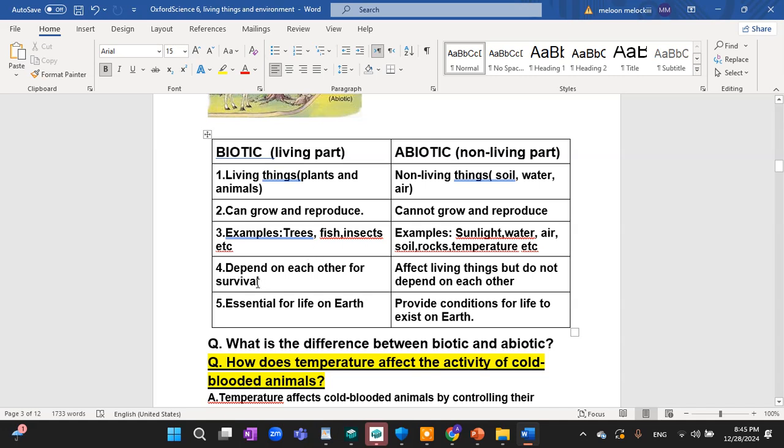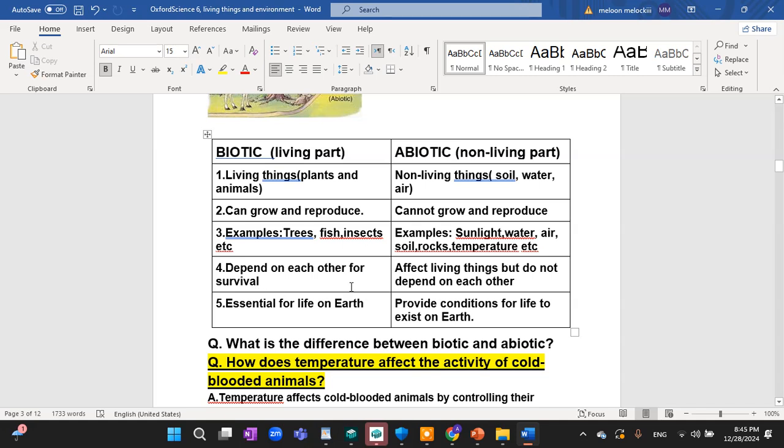Now, the same 5 points in the case of abiotic or the non-living part. The first one, non-living things are called abiotic part, and the examples are soil, water, air, and there are more examples like sunlight, rocks, temperature, etc. While the biotic part can grow and reproduce, the abiotic part cannot grow and reproduce.